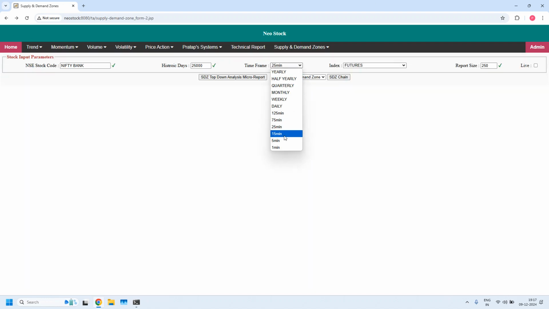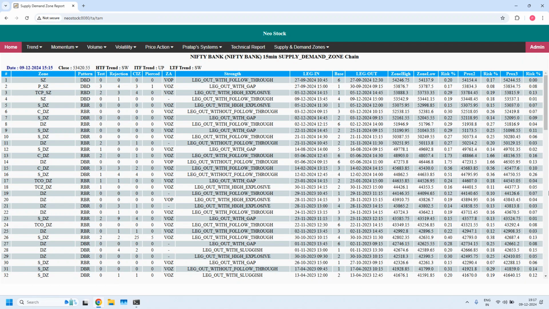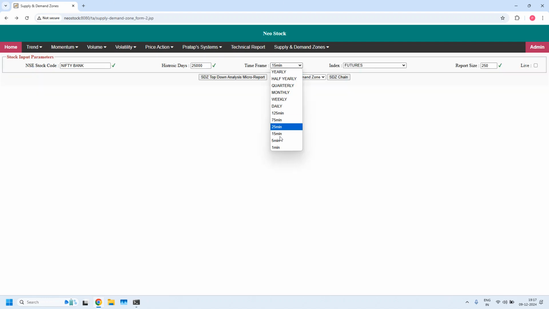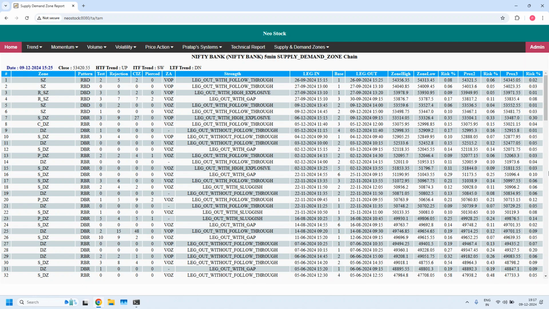Next, 15-minute supply demand zone chain for Bank Nifty. Next, 5-minute supply demand zone chain for Bank Nifty. So this is about Bank Nifty supply demand zone chain.